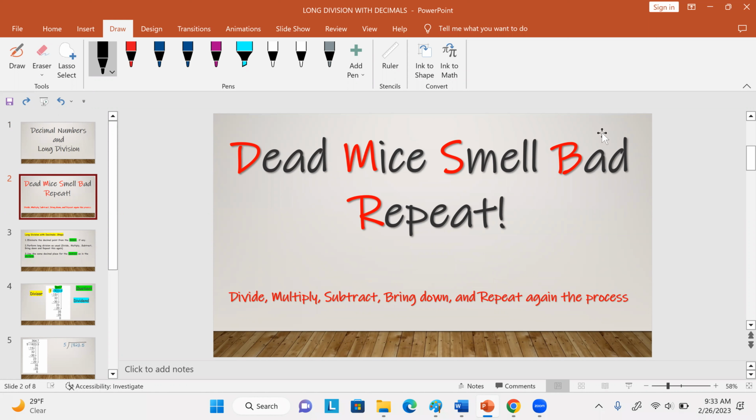The acronym here is DMSBR. So we use the acronym to make this sentence so we can remember the operations and the process we'll use during the long division. Here the D means division, M multiplication, S subtraction, B we bring down, and R we repeat.